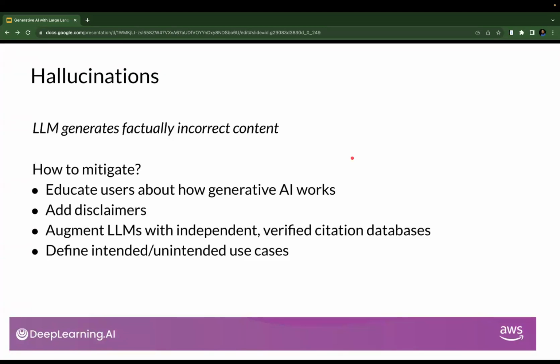As we saw in RAG, we can augment the LLMs with external databases or independent verified citation databases. We can also explain what the intended use case is and what is not. For example, if your LLM is meant for text summarization and you are using it for question answering, then it's good to add a disclaimer that that's not the main purpose of using this LLM.